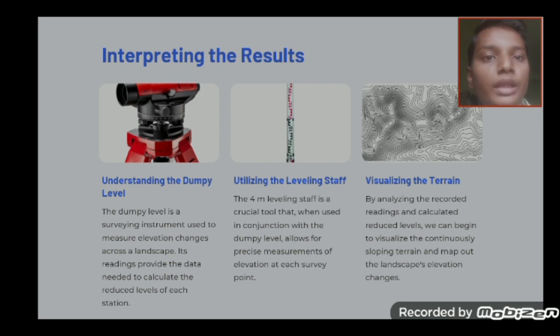Understanding the dumpy level. The dumpy level is a surveying instrument used to measure the elevation changes across a landscape. Its readings provide the data needed to calculate the reduced levels of each station. Utilizing the leveling staff. The 4-meter leveling staff is a crucial tool that, when used in conjunction with the dumpy level, allows for precise measurement of elevation at each survey point.